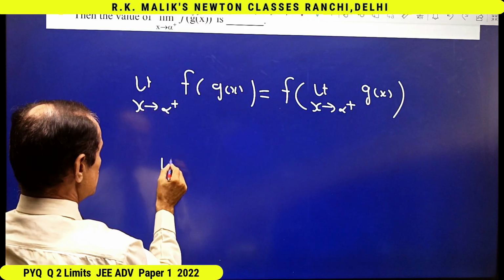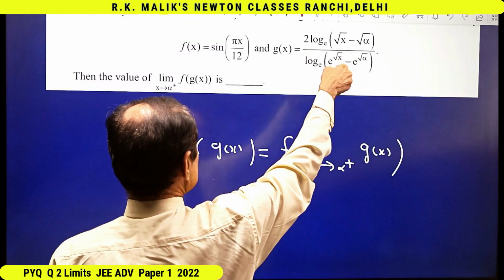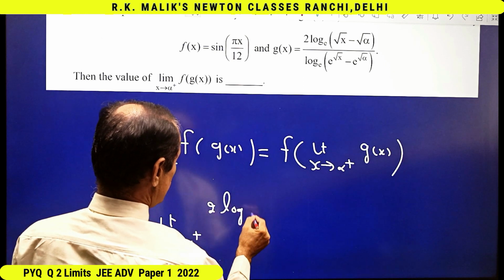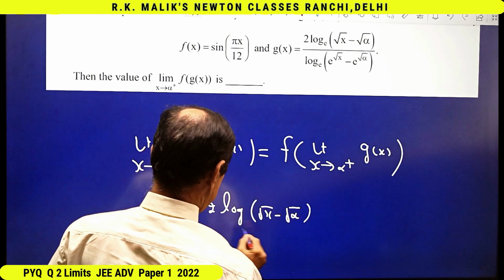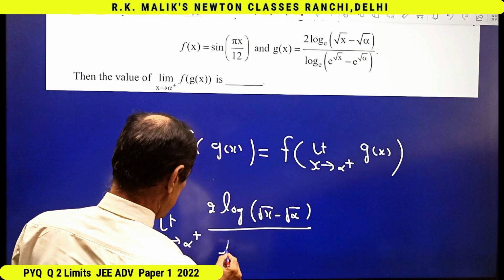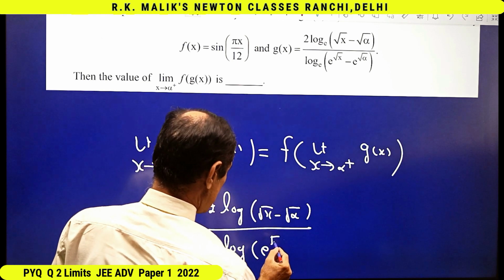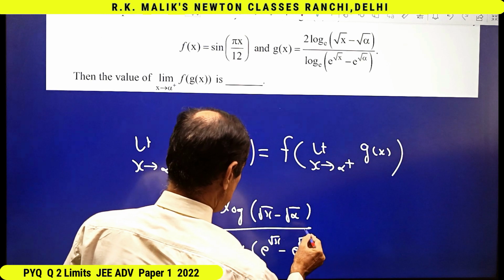And now limit x tends to alpha plus the value of g(x) is this, that is 2 into log of root x minus root alpha upon log of e to power root x minus e to power root alpha.